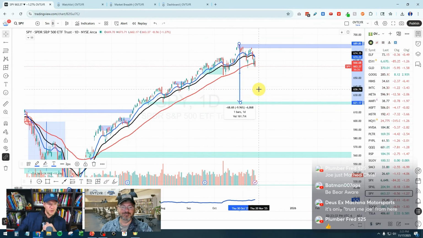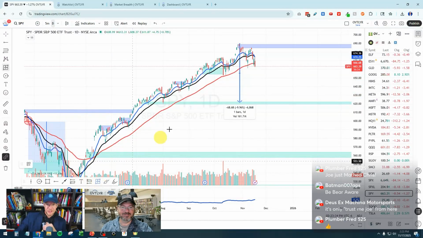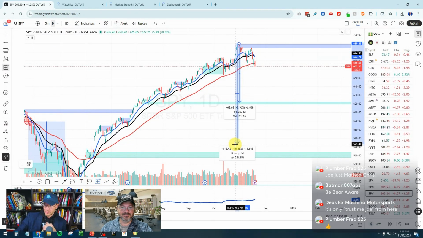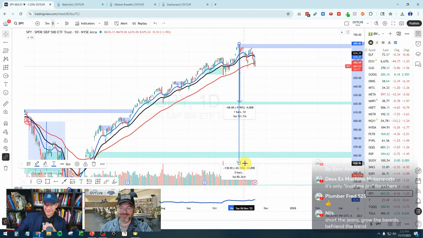So that would be a correction. 20% down will get you down to pretty much that order block down there, a little bit past it, to around 550. So these are the levels you need to get to see a 10% correction and a 20% bear market.